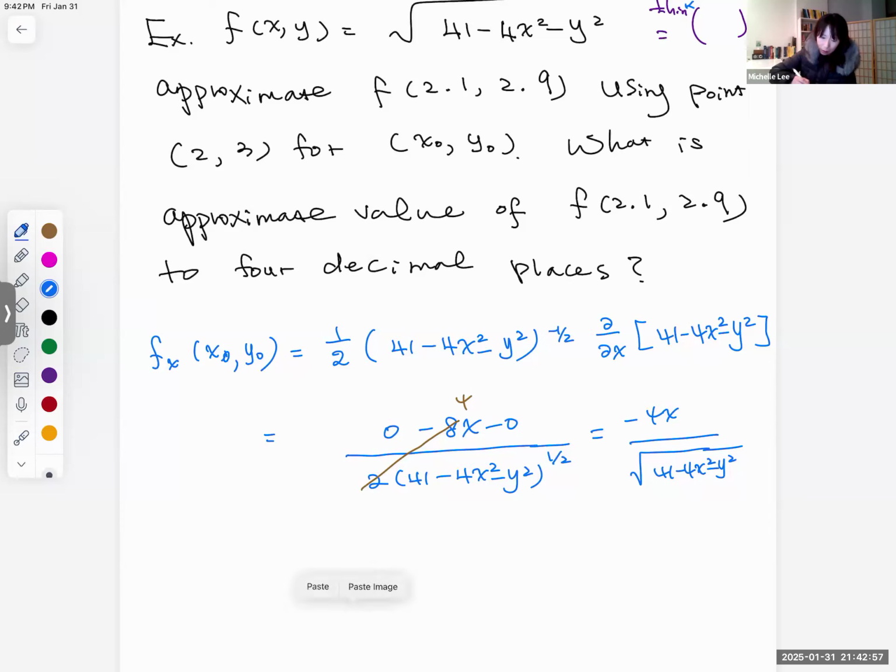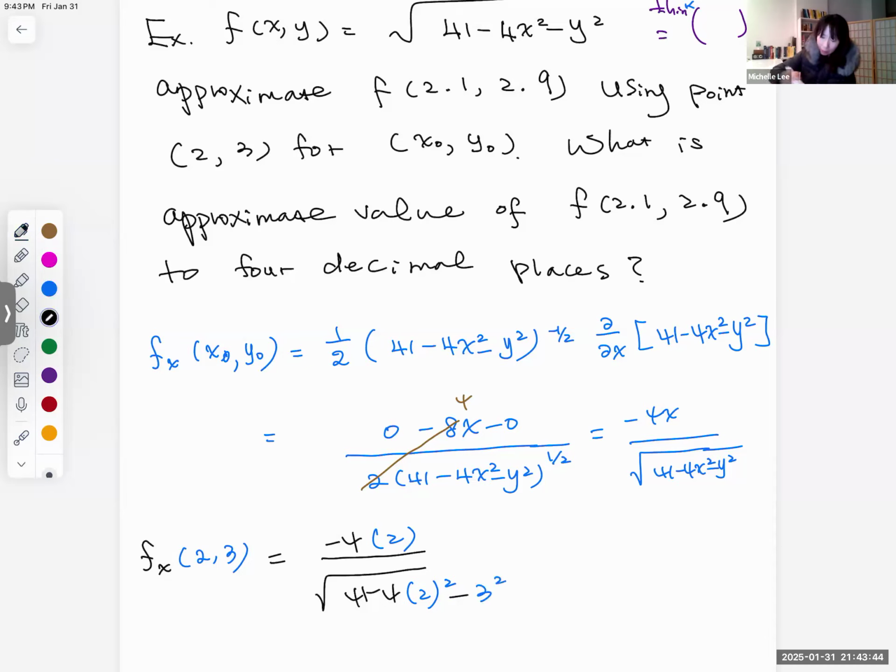So we have the partial derivative of f with respect to x at (2, 3) equal to negative 4, positive 2, over the square root of 41 minus 4 times 2 squared minus 3 squared.